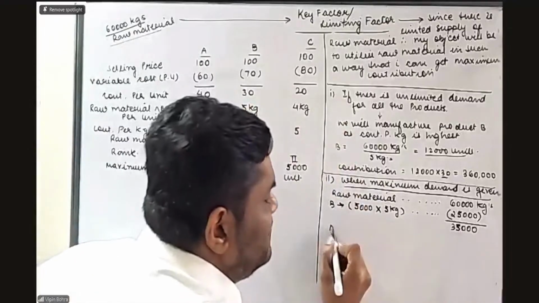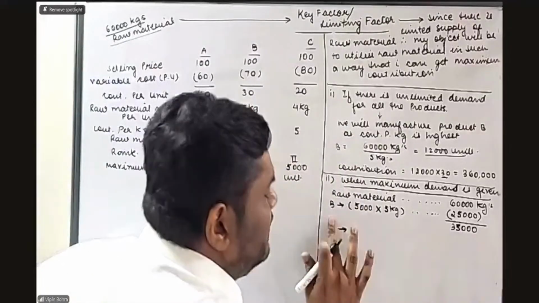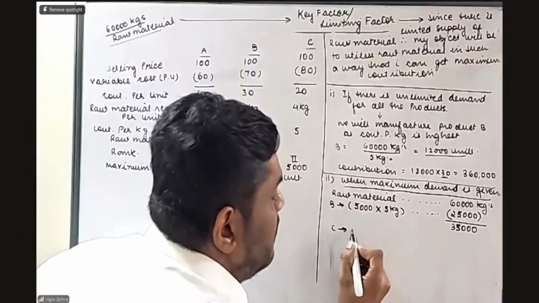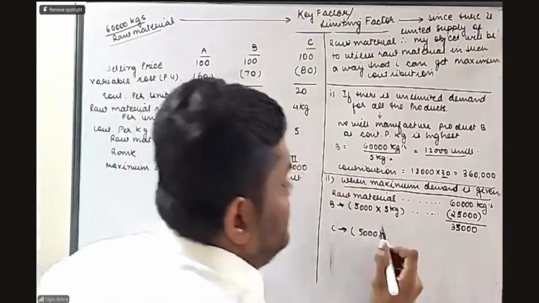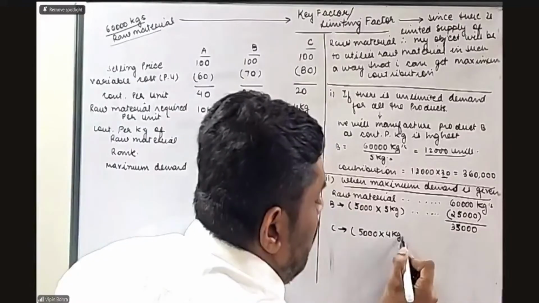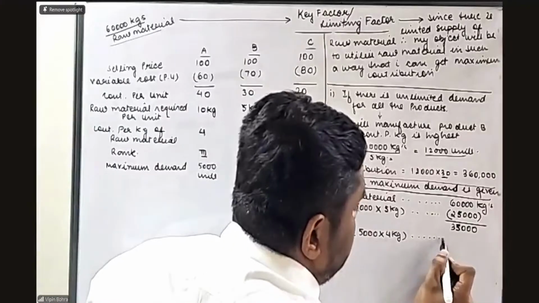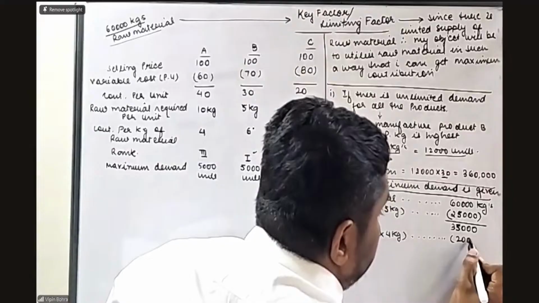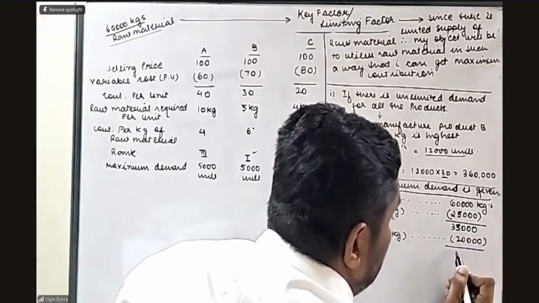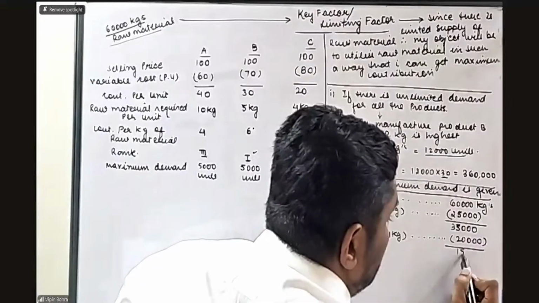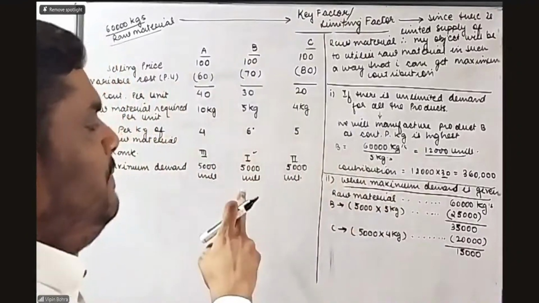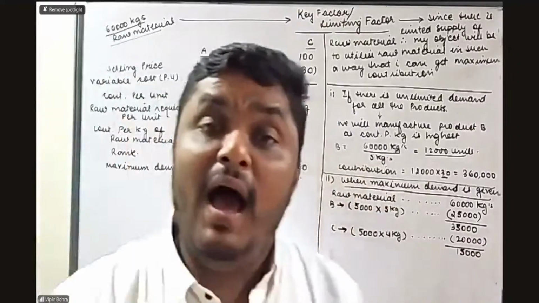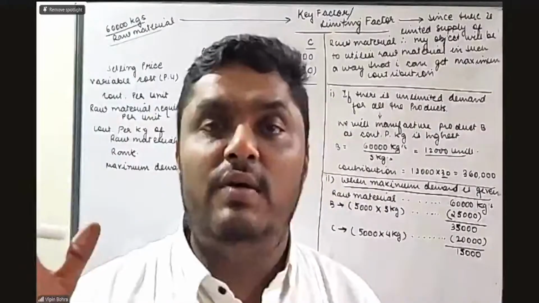So we will manufacture full 5,000 units of product C. After manufacturing B and C, we are still left with 15,000 kgs.